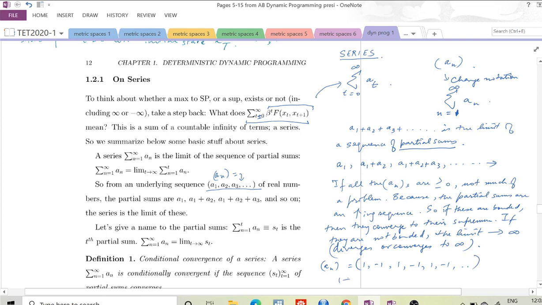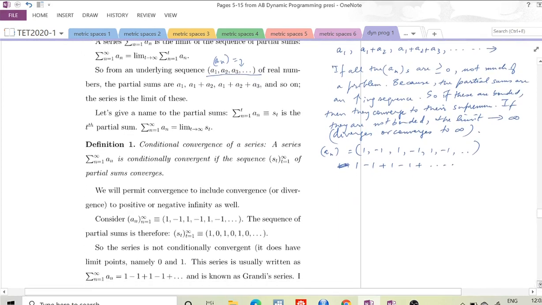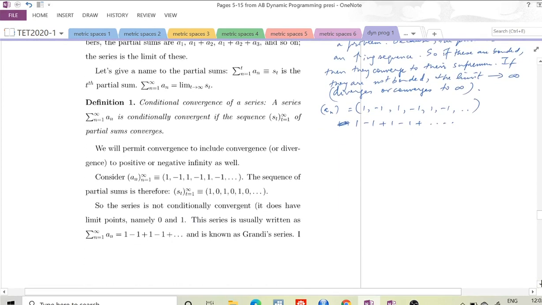And if we write that as a series, it looks like that. Okay. And that's called Grandi's series. And you can see that there's a problem in adding these up because it depends on how you're doing the addition, right?